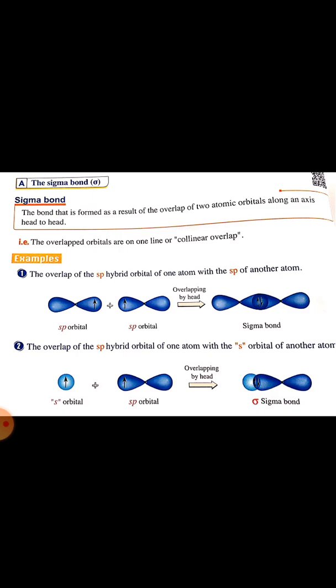A sigma bond arises due to the overlapping of 2 atomic orbitals head to head. And these 2 orbitals are either both hybridized, or at least one of them is hybridized, not between 2 pure orbitals. So as you can see from this figure, we get a sigma bond due to the overlapping head to head, collinear overlapping.